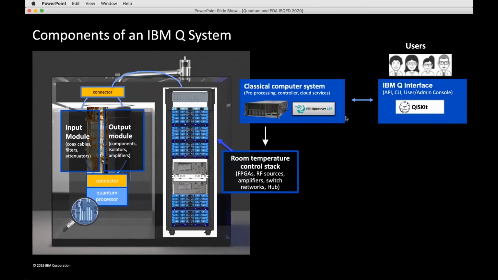On the classical computer, you run the interpreter and the compiler, and you turn that into a set of assembler-like quantum instructions that are executed by this rack of FPGAs that create microwave pulses. These pulses go in the input module, go through the cables, the filters, the attenuators, and get into the quantum chip.